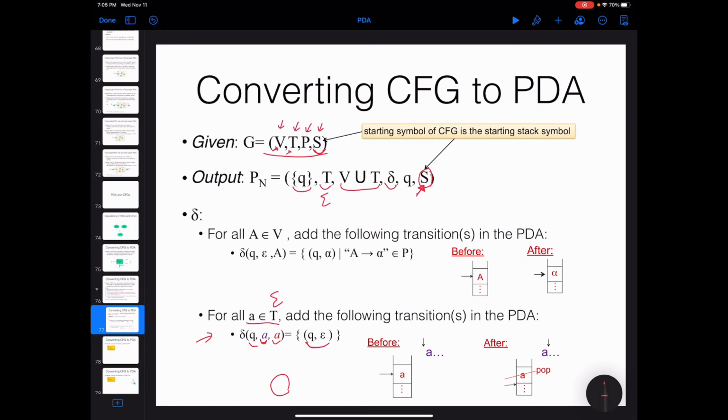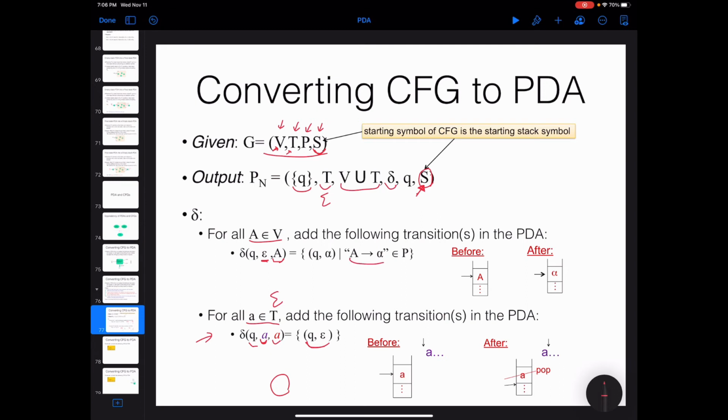And for all of the variables in our grammar, we are going to add a set of transitions. Without reading anything from the input, I'm not going to call it an epsilon transition, but anyway, we are not consuming anything from the input. If the top of the stack is the variable A, I am going to add one transition for each rule that I have in my grammar.